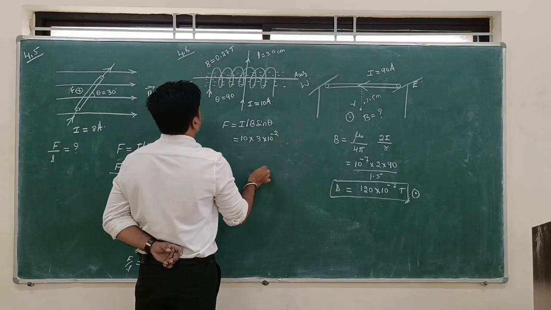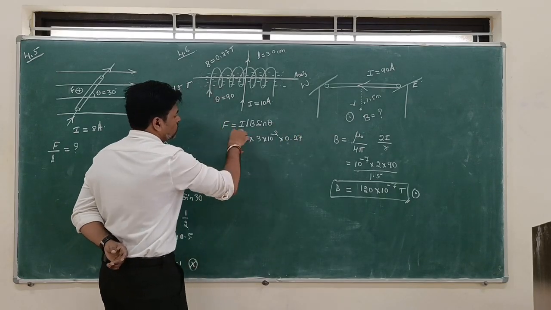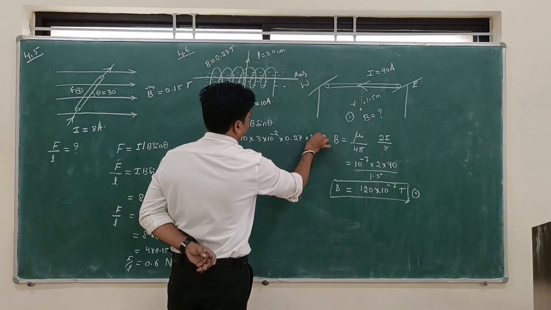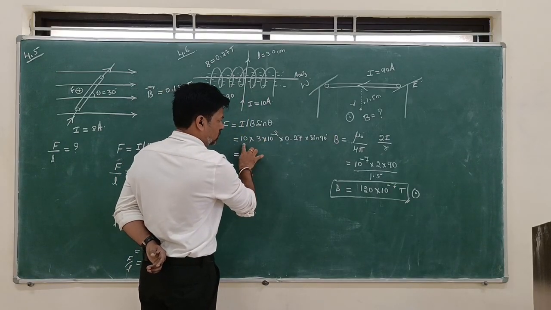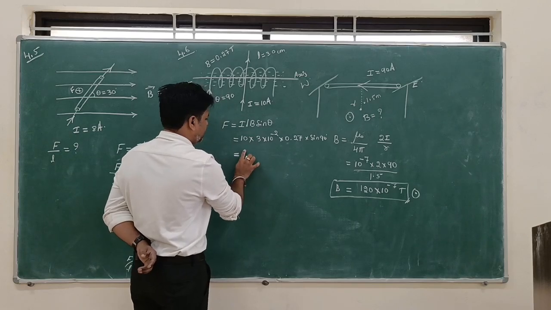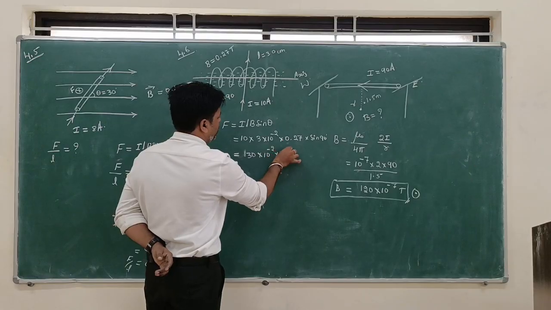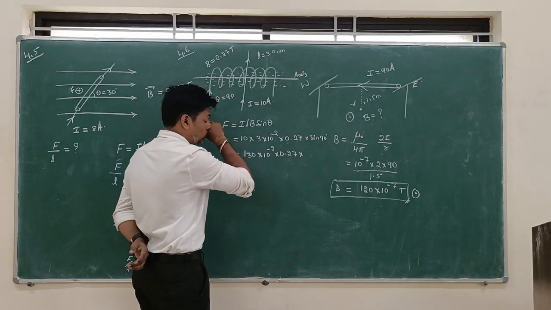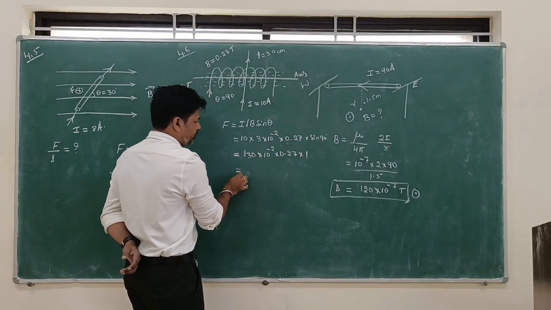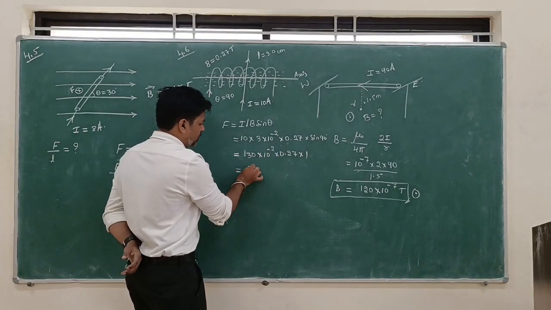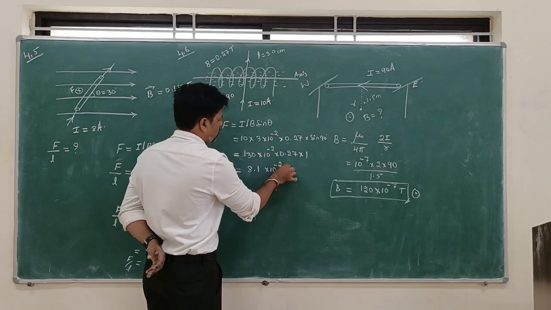The strength of the magnetic field is 0.27 and the value of sin 90 is 1. 10 into 3 is 30 into 10 to the power minus 2 into 0.27. 30 into 0.27, how much? 8.1 into 10 to the power minus 2 Newton.